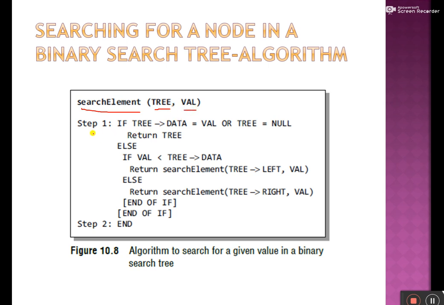In step 1, if tree of data is equal to value or tree is equal to null, then return tree. What does it mean? We check if the value stored at the current node of the tree is equal to the value to be searched, val, or if the current node is null, then we return the current node of the tree.